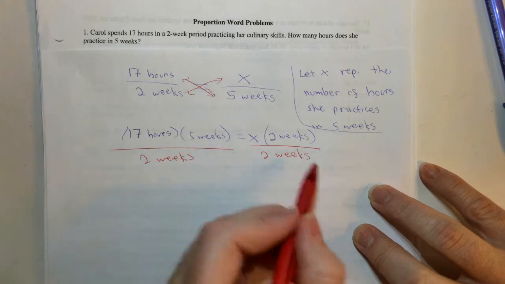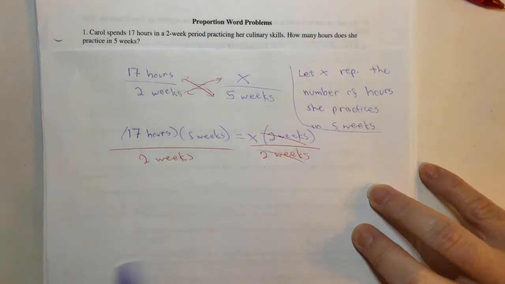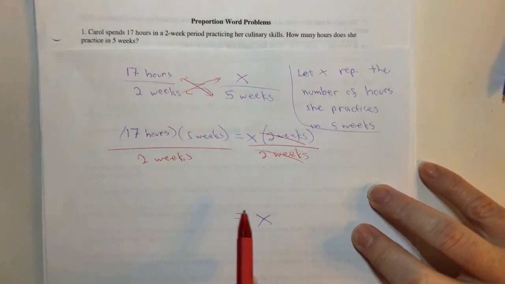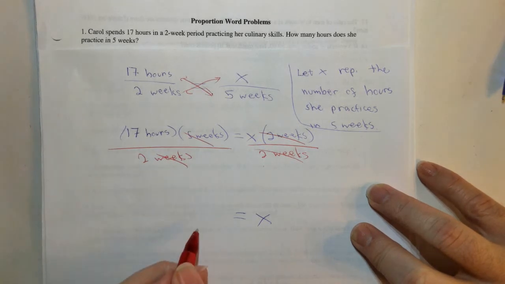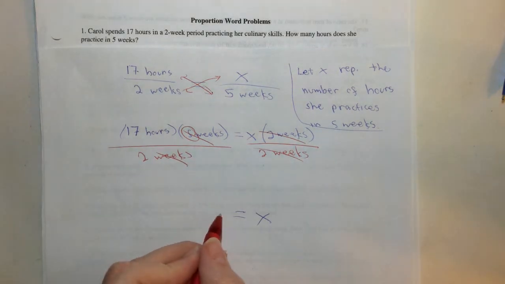On this side, the 2 weeks cancel. I just have X on the right. And then on the left side, the weeks cancel. Oops, not the 5, just the weeks.